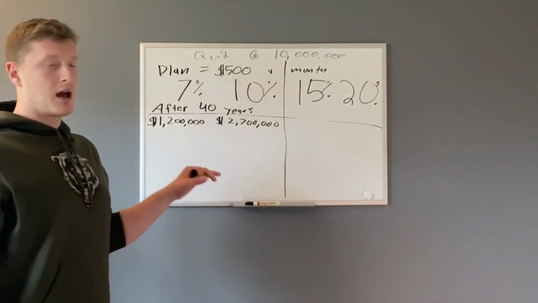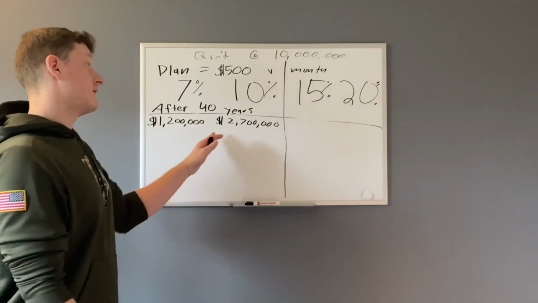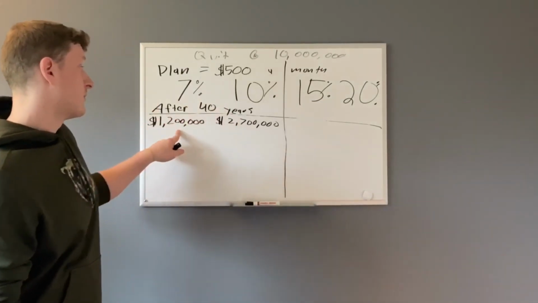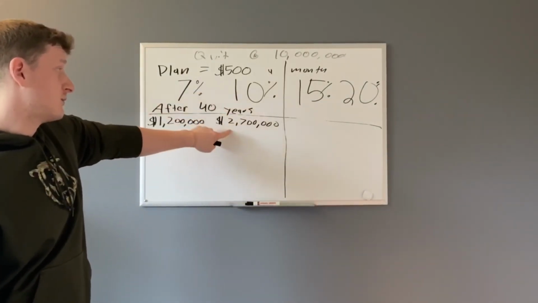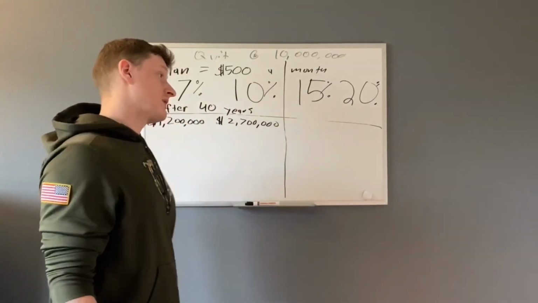Now, I'm telling you guys because I'm not giving you all the extra numbers, I'm just giving you some numbers because again, things do change. But if you're getting 7% return, 1.2 million, 10% return, 2.7 million, now we start getting to the exciting portion. If you're getting either 15 or 20% return, you'll see.